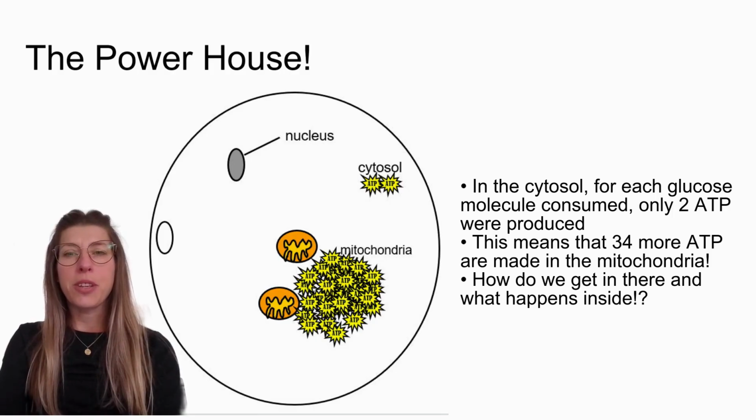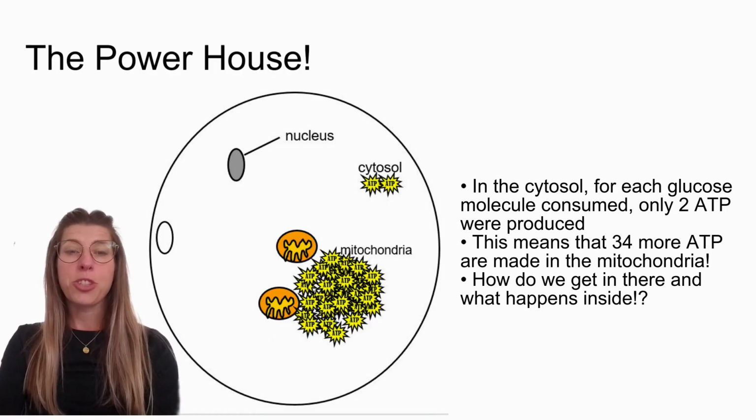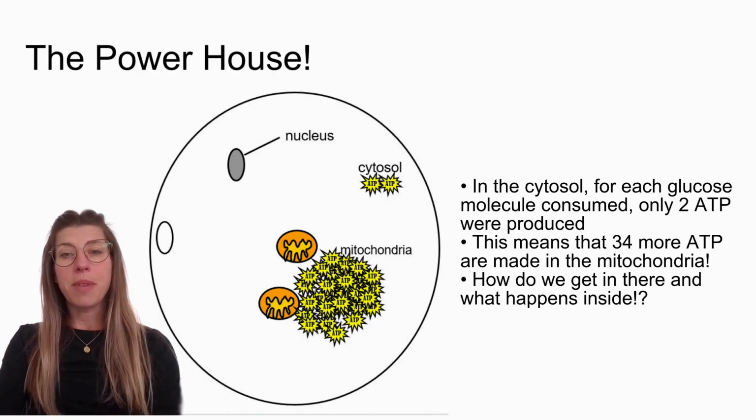Because cellular respiration produces 36 ATP as the grand total. That means those 34 are going to be made in the mitochondria during stages 2, 3, and 4, the remaining stages of cellular respiration. So how do we get into that mitochondria and what happens inside?